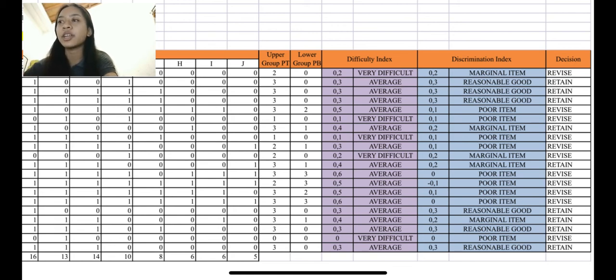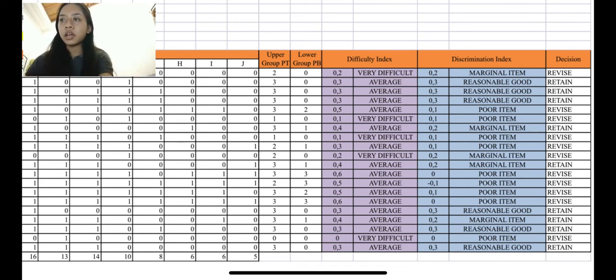The next one is item number 12 until 15, I'm sorry. It is included to be a poor item because the discrimination index is below 0.1, so it needs to be revised.